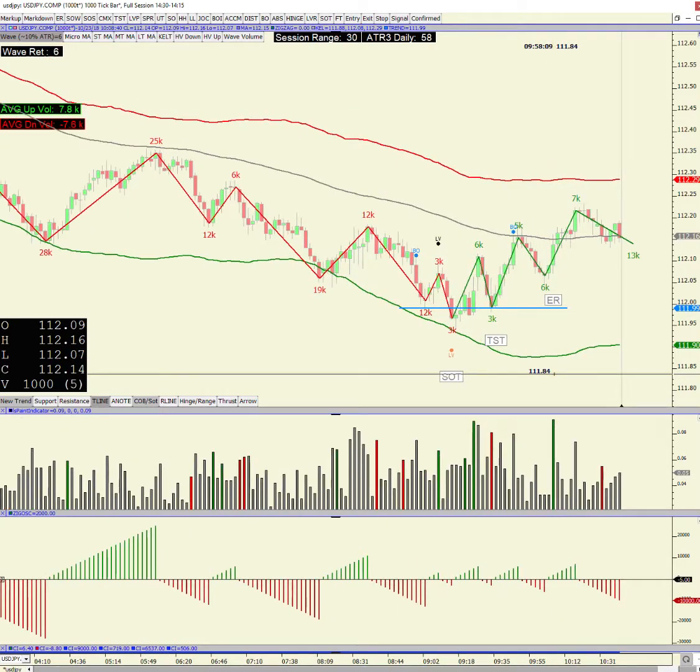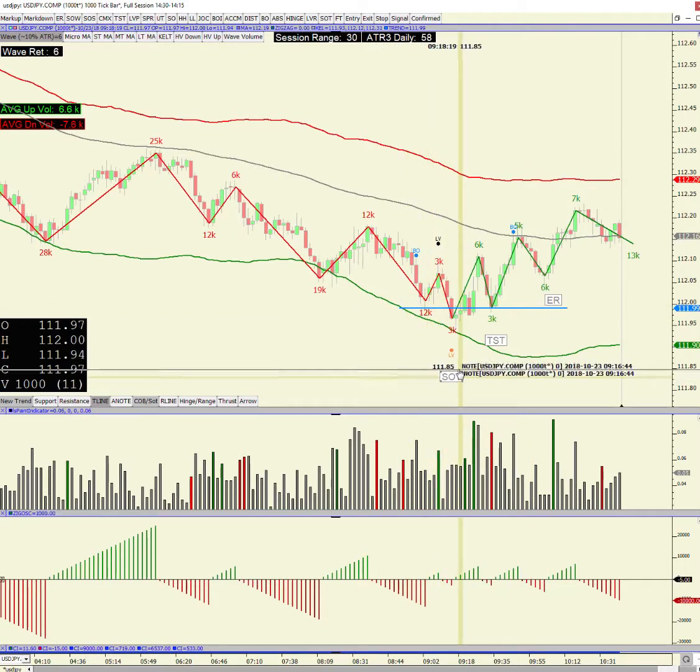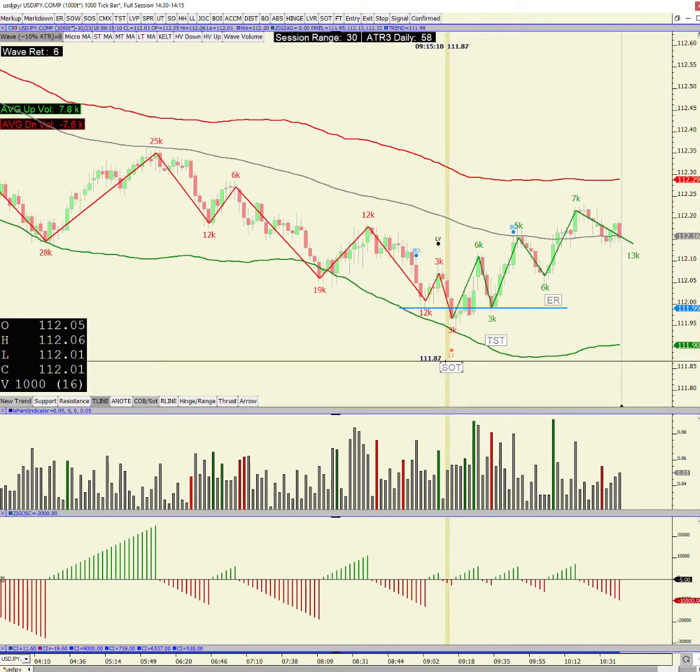And this is another point, is everyone's looking at high volume, but understand low volume is also very important. Either extreme is very important. And in this case, I like it because it validates the shortening of the thrust. Shortening of the thrust is the indication that momentum is gone.